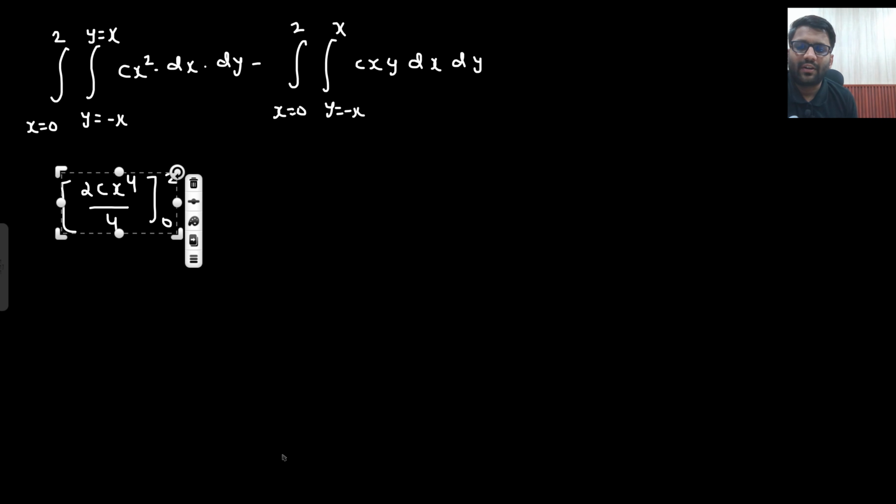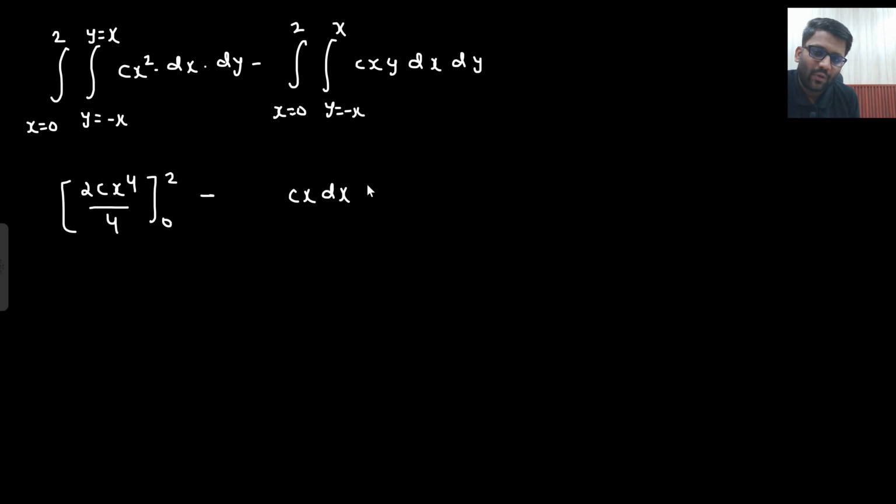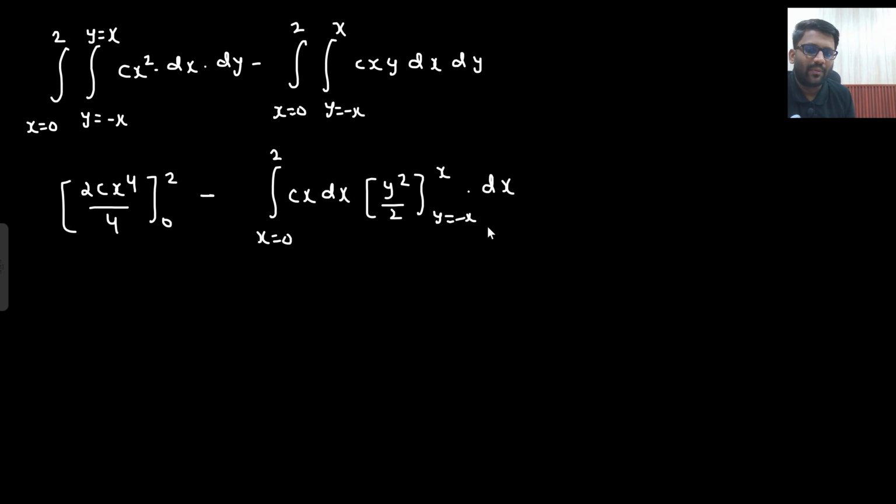So I have done the integration in only one step. What about the second one? Here cx dx will be common, and y square by 2 with y limits from minus x to plus x, and x going from 0 to 2. If you put plus x, x square comes, and if you put minus x, again it will be x square only. So this integration will give 0.